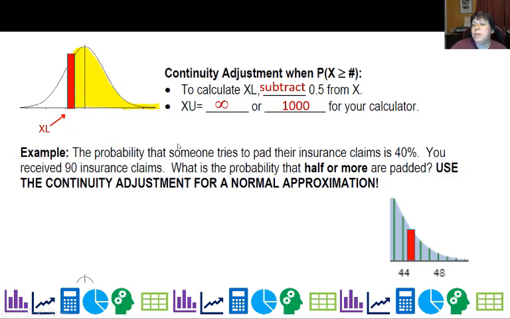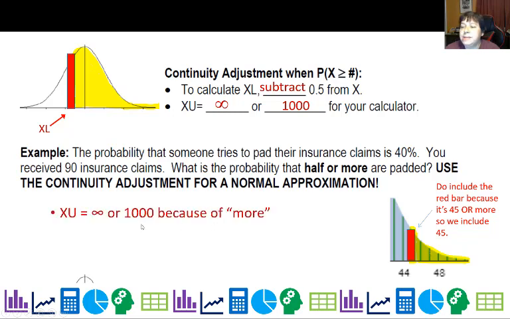Okay, so let's re-examine the problem, and this time instead of doing exactly half, we're going to find the probability of half or more. So first of all, there's my half and there's more. Do include the red bar because it's 45 or more, so we're going to include this 45. Now, the right side's pretty easy to figure out. That's infinity or 1,000 because of more.